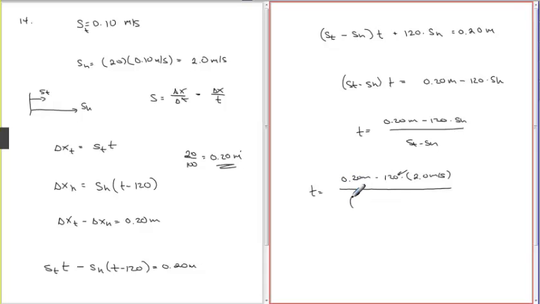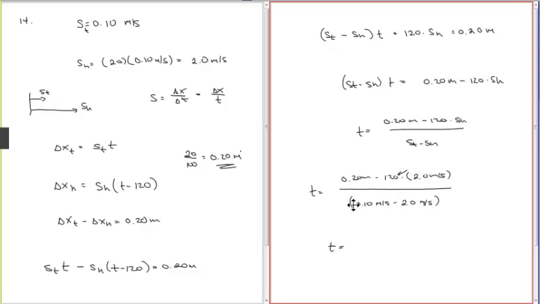And then we divide by s sub t, the speed of the tortoise, which is 0.10 meters per second, minus 2.0 meters per second. So we have meters divided by meters per second, which gives us seconds.